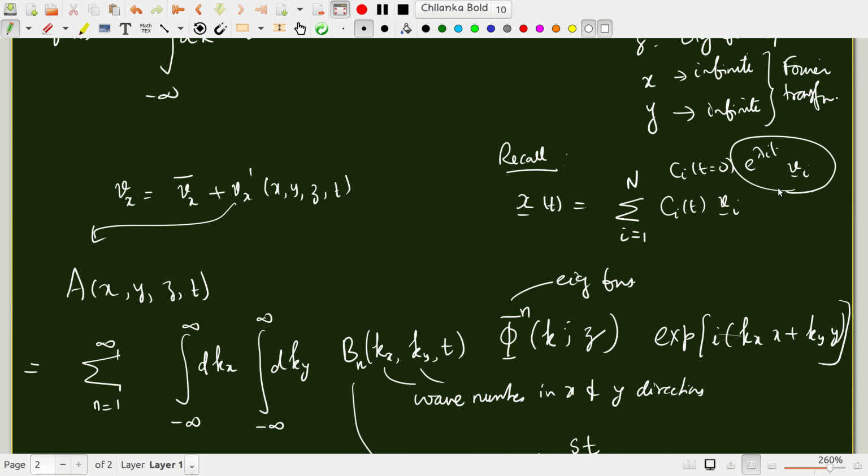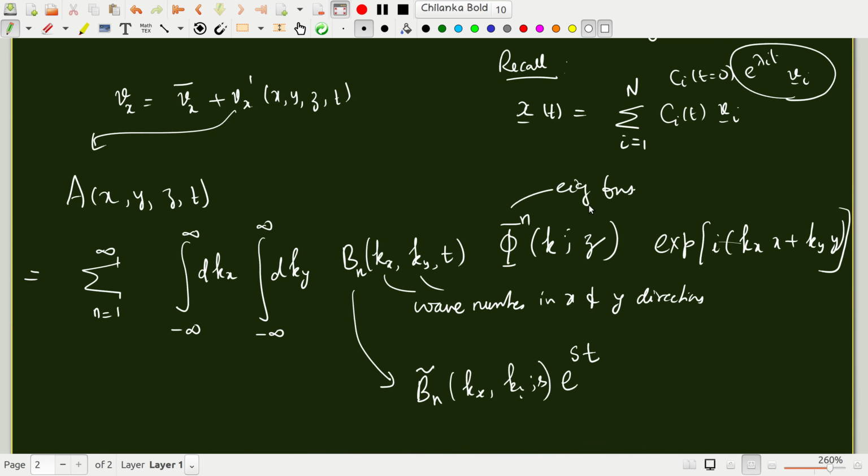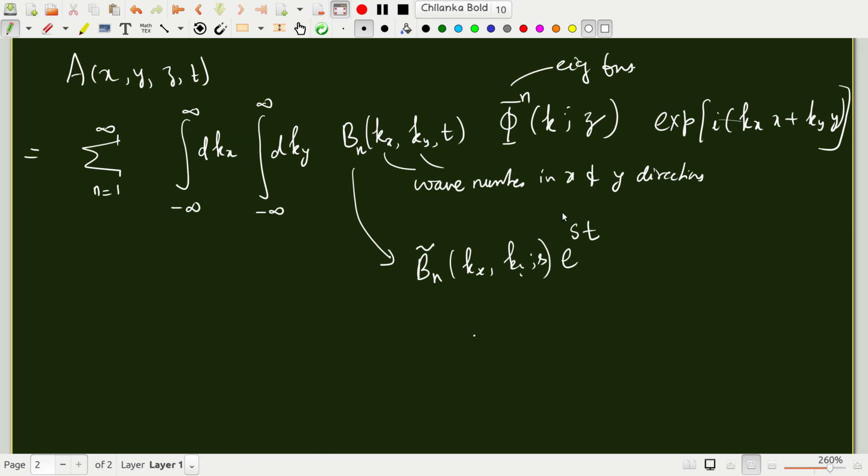I took a typical term and then substituted this back in the matrix problem. In the same way, I will take a typical term. I am not going to solve the initial value problem. In the method of normal modes, we take a typical term of such an eigenfunction expansion.